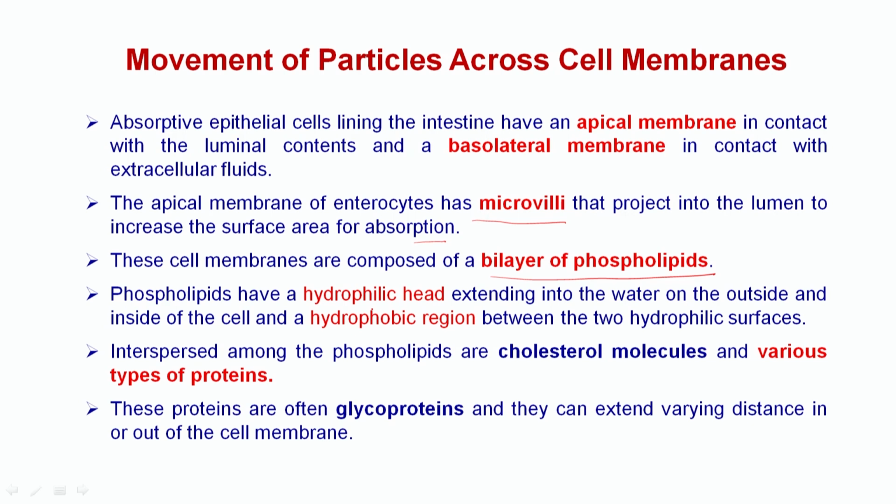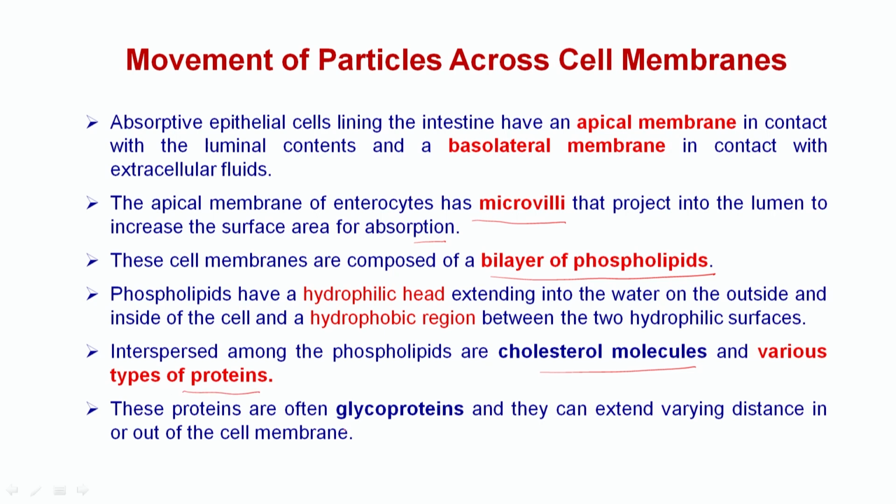Phospholipids have the hydrophilic head extending into the water on the outside and inside of the cells, and a hydrophobic region between the two hydrophilic surfaces. Interspersed among the phospholipids are cholesterol molecules and various types of protein.